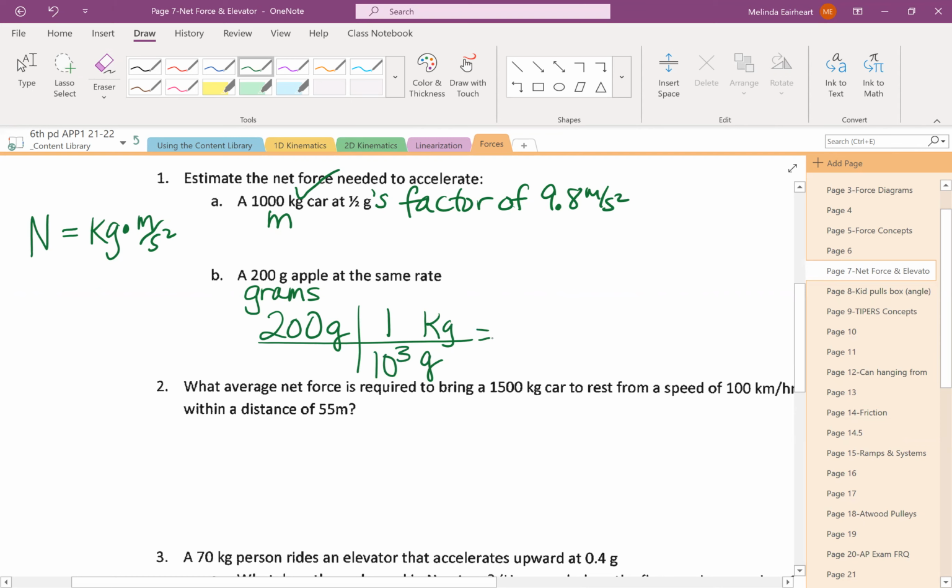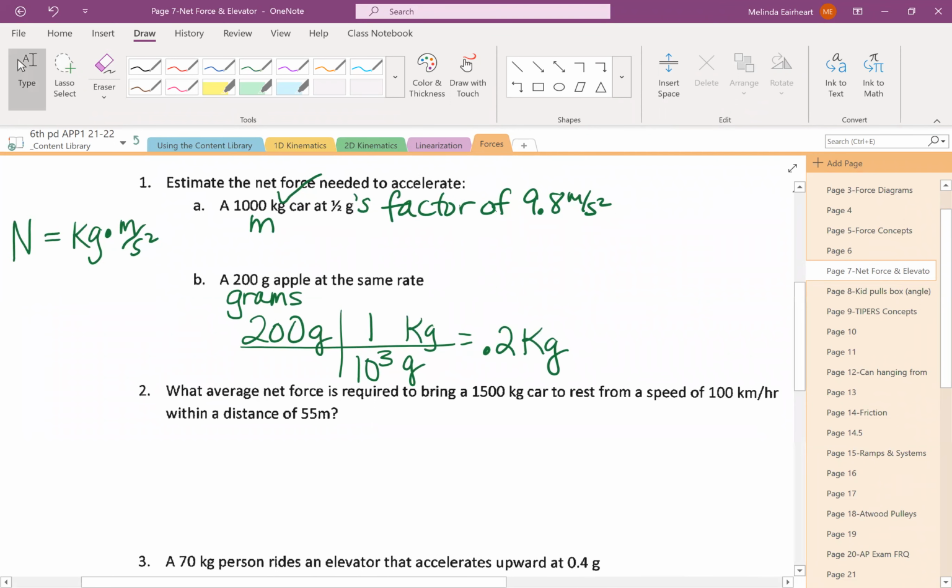And so to find out how many kilograms, 200 divided by 1,000, you move the decimal 3 places to the left and get 0.2 kilogram. Good deal? And so this first one is just introducing G's as an alternative way of giving acceleration, but also addressing the gram to kilogram conversion.